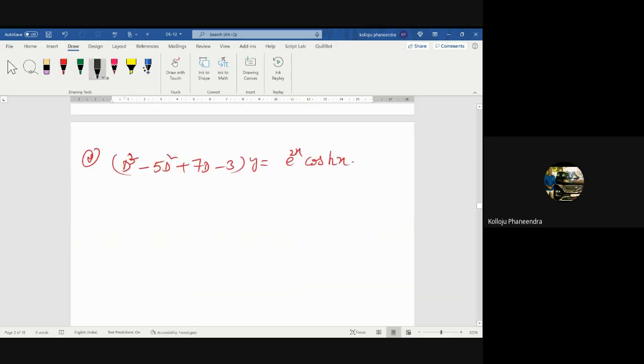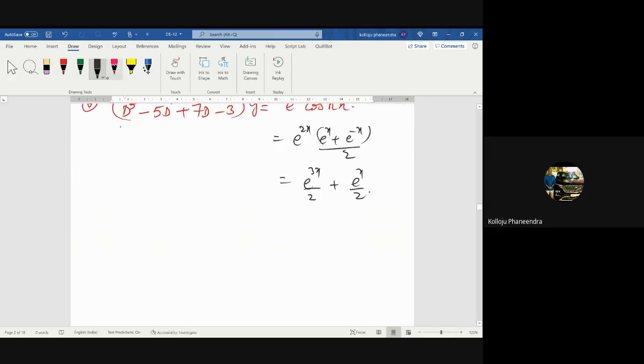The logic is what I'm giving on the RHS part. You write cosine hx as e power x plus e power minus x by 2. So what does this become? E to the power of 3x by 2 is one function. E to the power of x by 2 is another function. You can solve this, right? And for the auxiliary equation, you find the first root by trial.